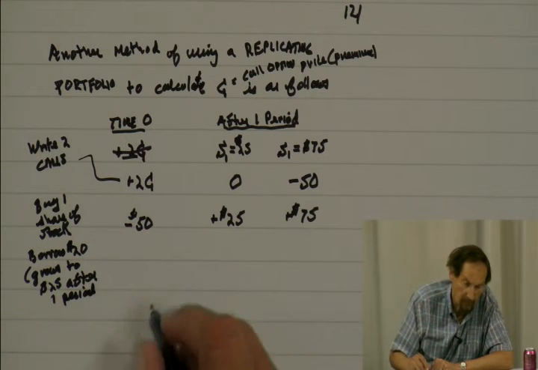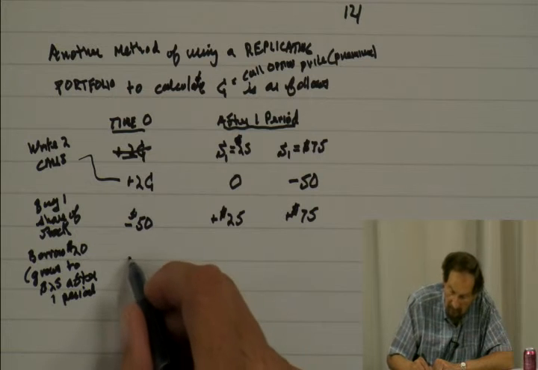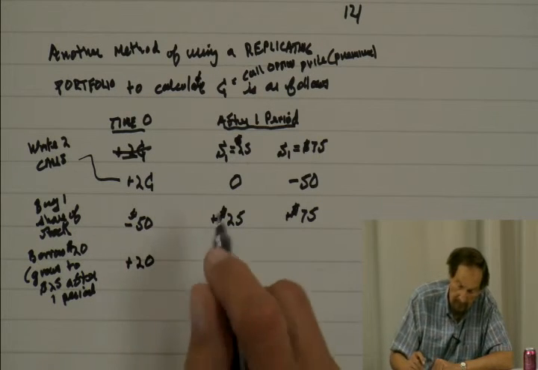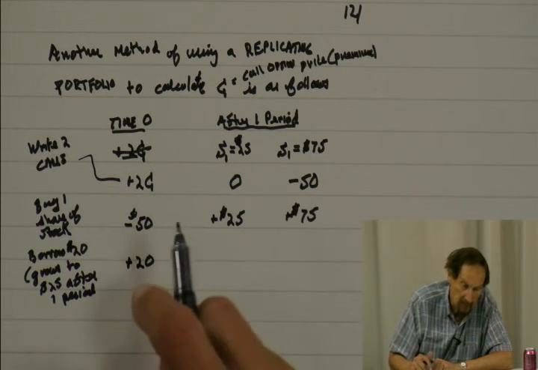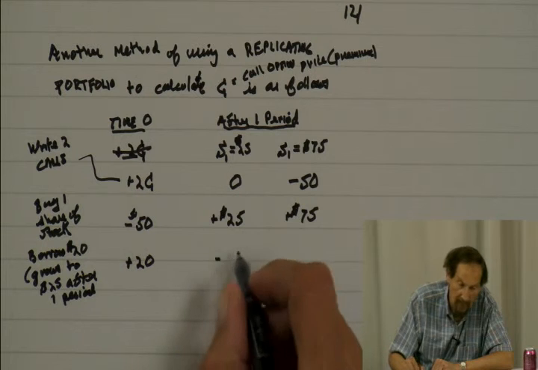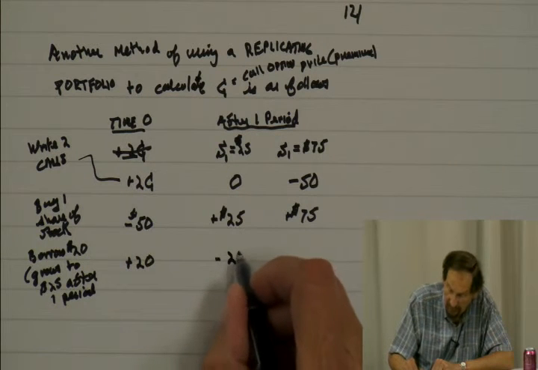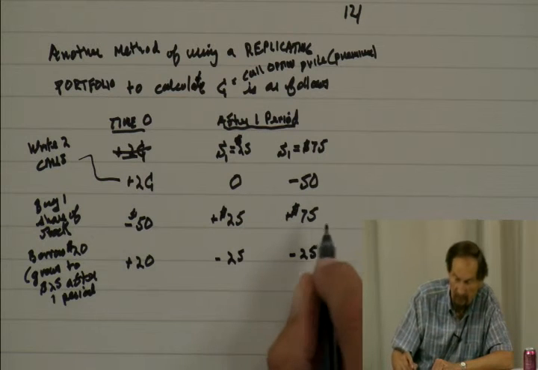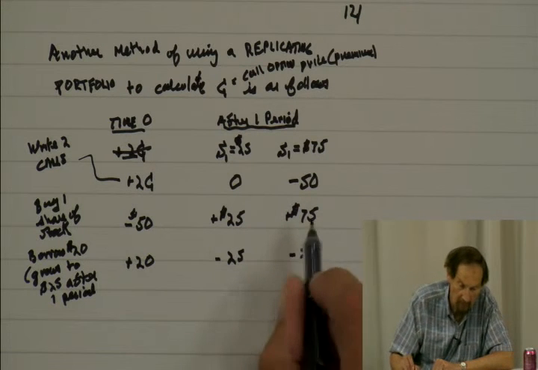Okay, so if we borrow, look at that, this is plus $20 here. After one period, we have to pay back $25. And here we have to pay back $25, no matter if the stock goes up or it goes down here.